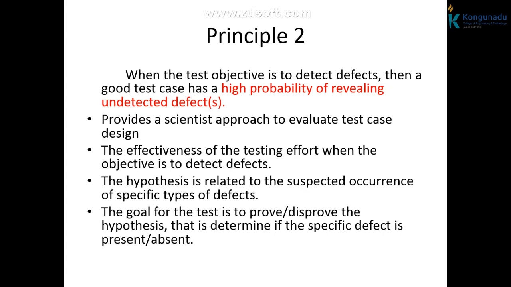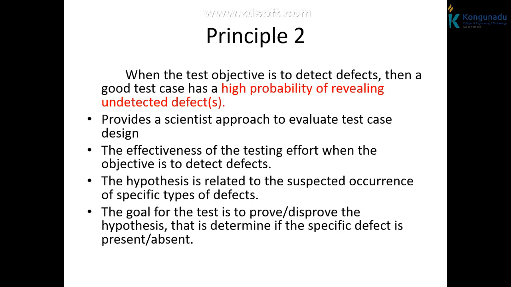Next principle represents that when the test objective is to detect defects, then a good test case has a high probability of revealing undetected defects. This is a very important one. This supports a careful test design and provides a scientific approach with which to evaluate test case design and the effectiveness of the testing effort.